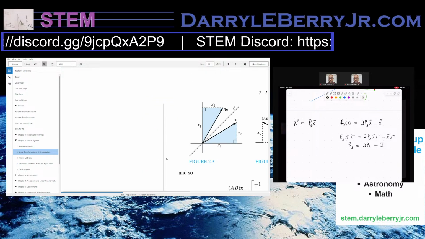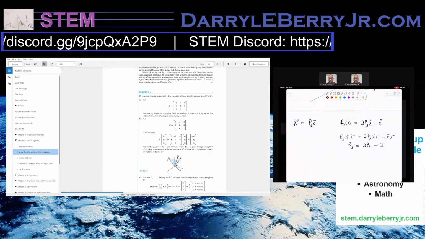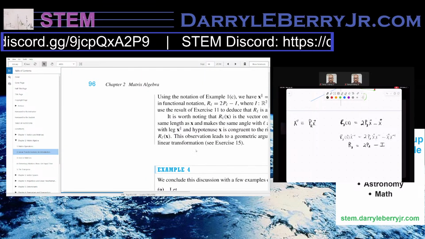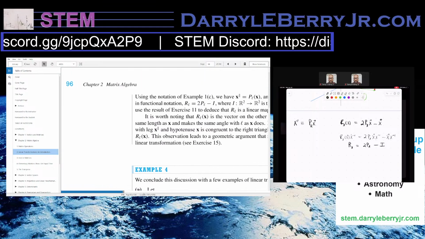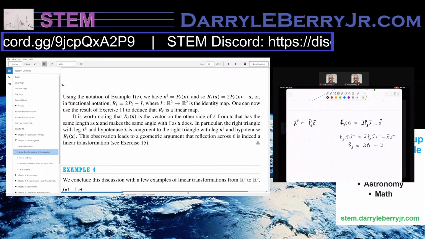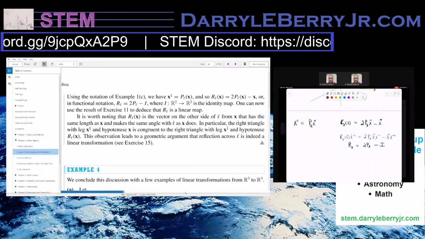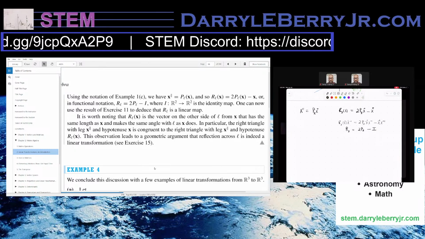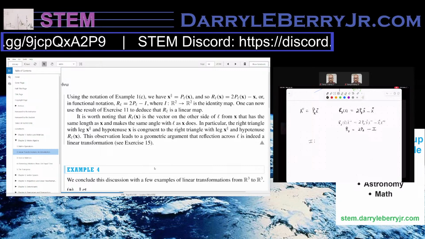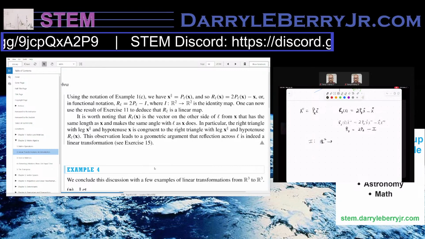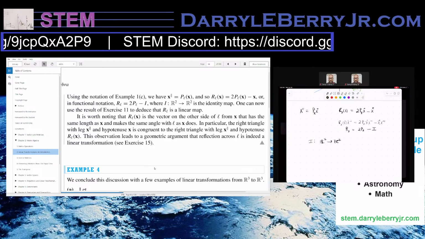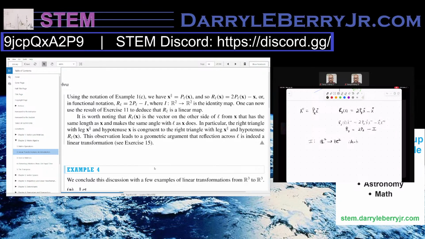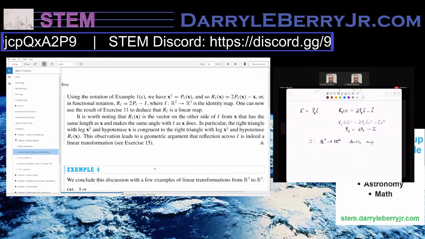All right, so this is where we are here. I is the R2 to R2 identity map, which gives you the same thing.